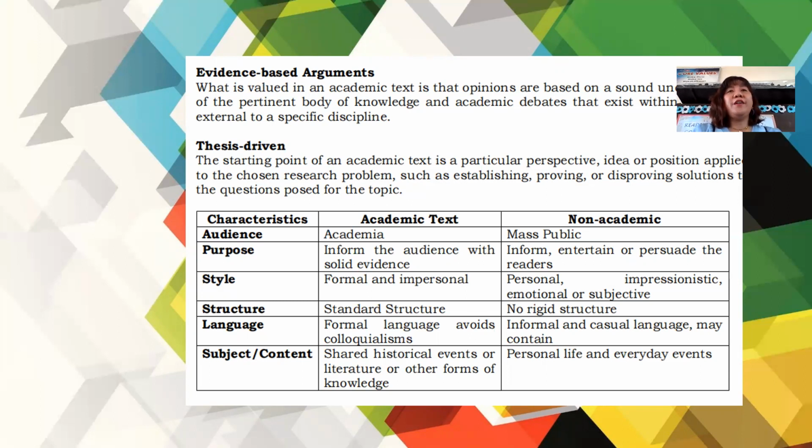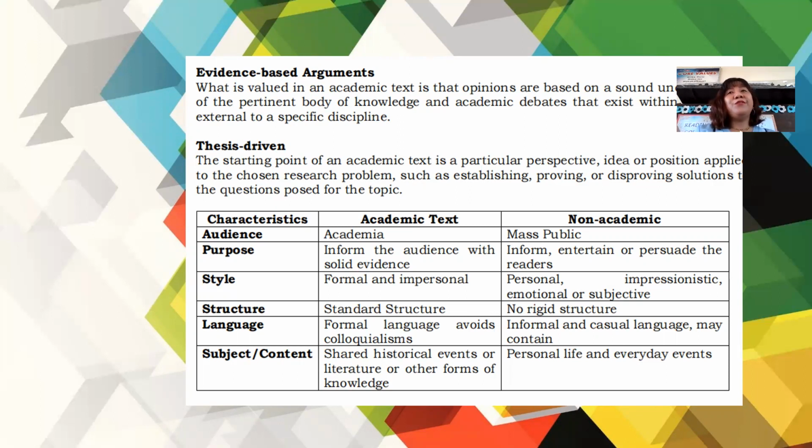Well, this would be the characteristics of the academic text and non-academic text, and let us try to differentiate the following, okay? For the audience, of course, the audience of the academic text would be the academe and the education sector. And for the non-academic text, it would be for the mass public. Now, for the purpose, the main purpose of the academic text is to inform the audience with solid evidence.